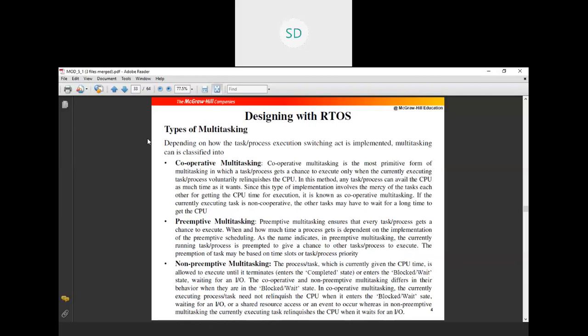Say one task is being executed, and there may be a number of tasks in a queue. If the task in execution voluntarily gives up its resources and makes way for the execution of another task, that type is known as cooperative multitasking.